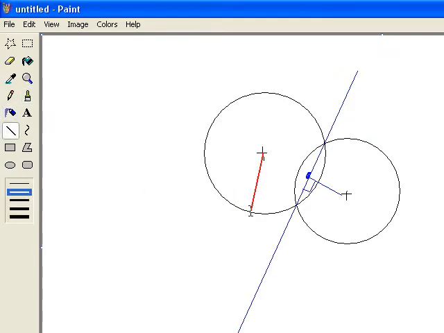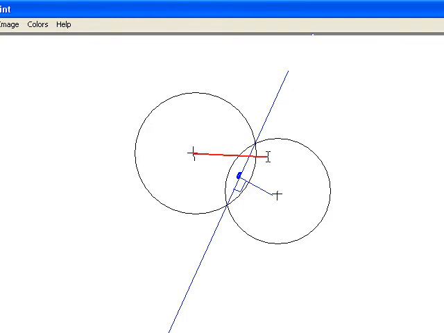Say this one is going that way, and this one is going that way. So what we want to do is move the circles off each other. We'll need to find this midpoint and set each circle to be its radius away from that midpoint, and similar for the other one.